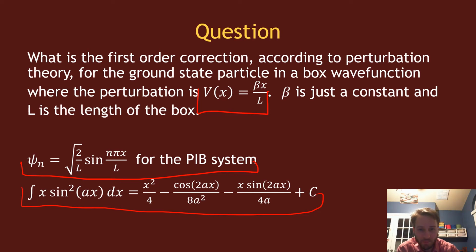So the question here is, what is the first order correction in perturbation theory to the ground state particle in the box wave function?